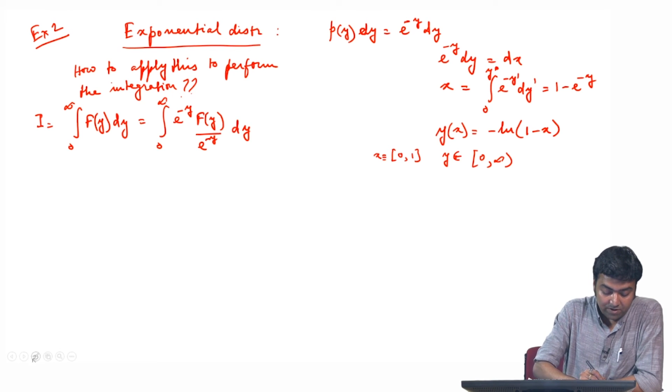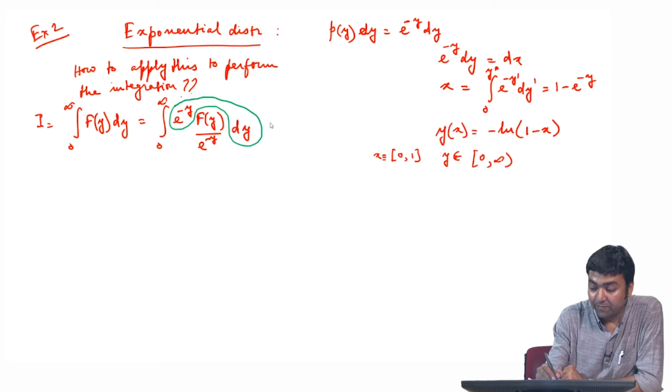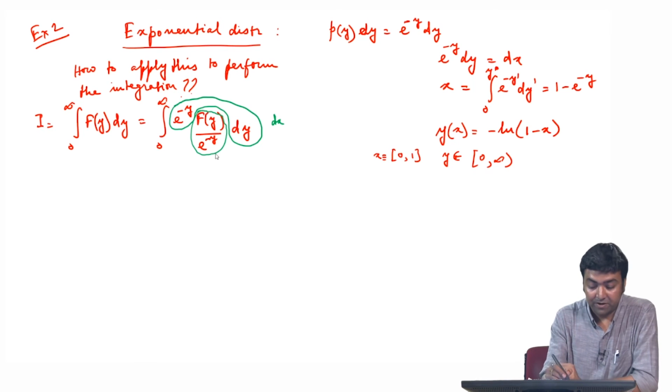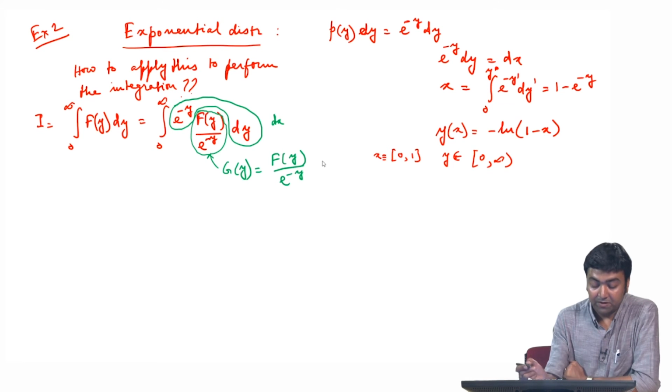Now, if I look carefully at this equation, this term here is nothing but my dx, and this other term, f(y) divided by e to the power minus y, I am calling g(y). So, g(y) is equal to f(y) by e to the power minus y.